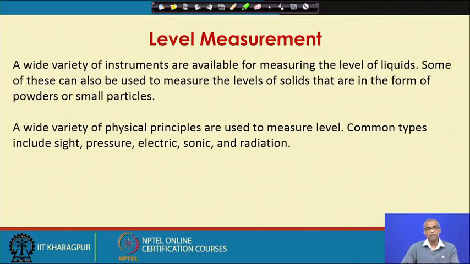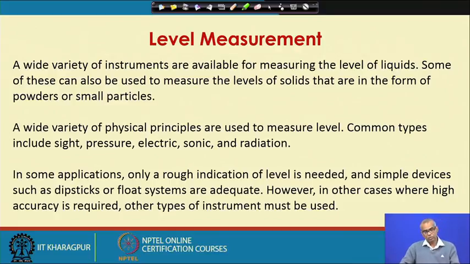For example, we will see later that the instrument based on radiation principle can be used for measurement of liquid level as well as solid level.